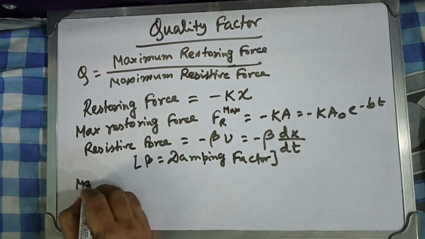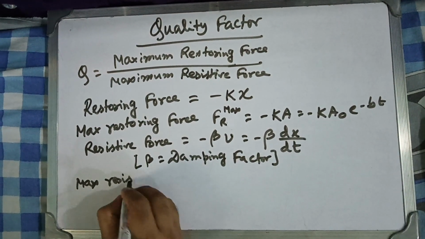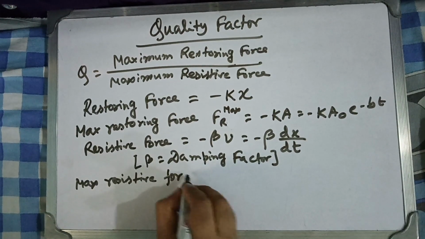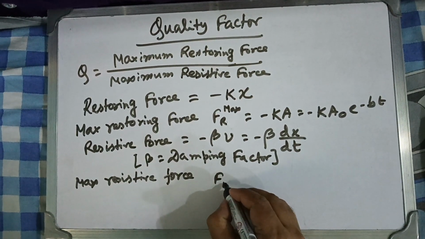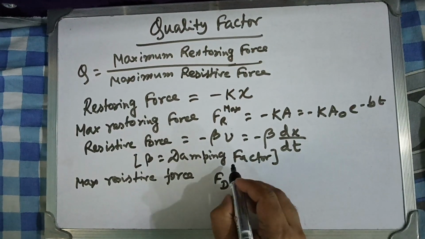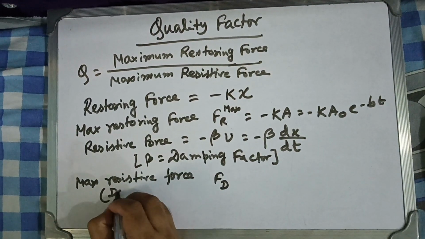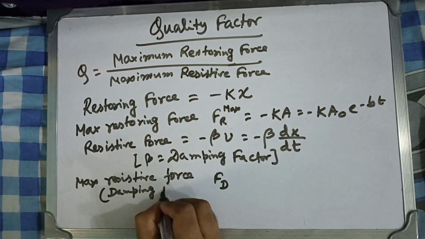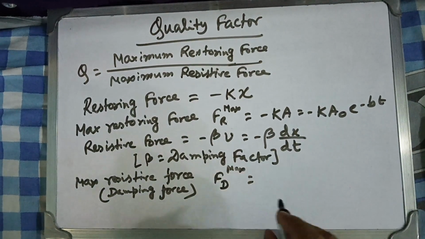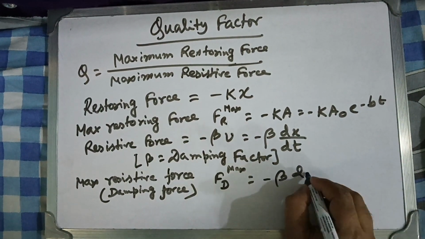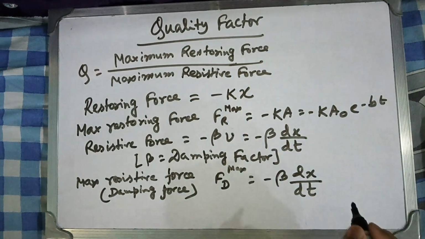X is the solution for underdamped oscillation, and if you remember the form, x equal to a0 e to the power minus bt sine root over omega square minus b square t plus phi, right? So we have to take the first order derivative of that, so we will do that now.